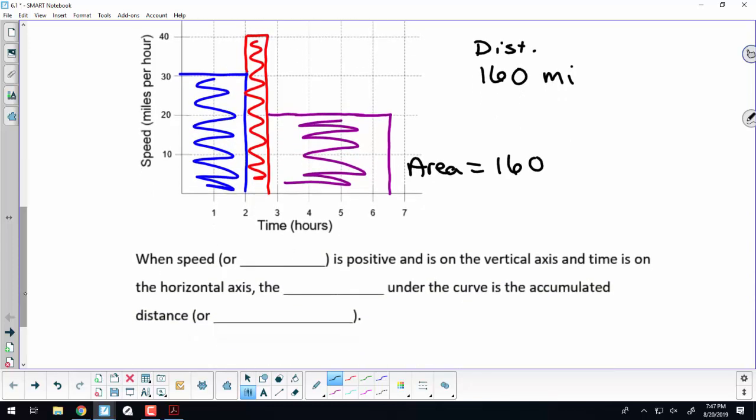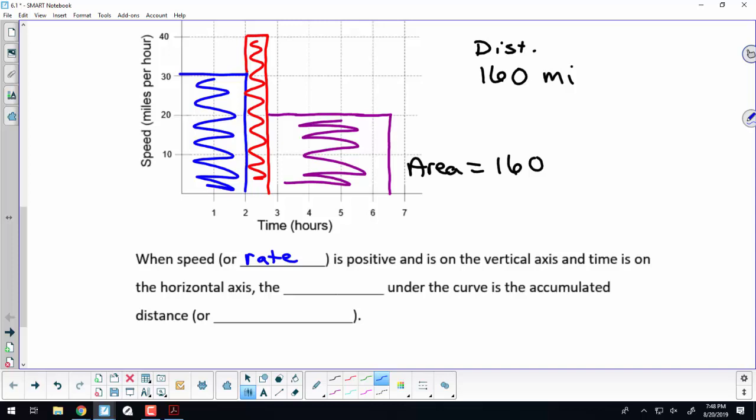So the idea is that when we're dealing with a speed, or more generally a rate of change that is positive, and time is on the horizontal axis, then the blank under the curve is the accumulated distance, or what? So what are those other two blanks? Area.